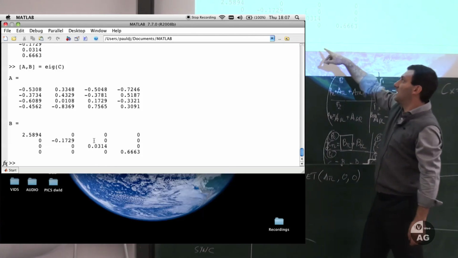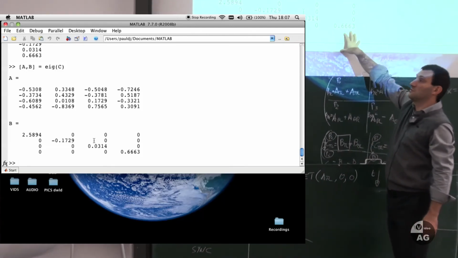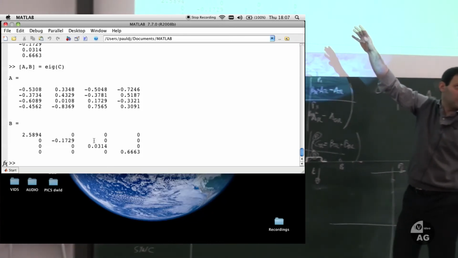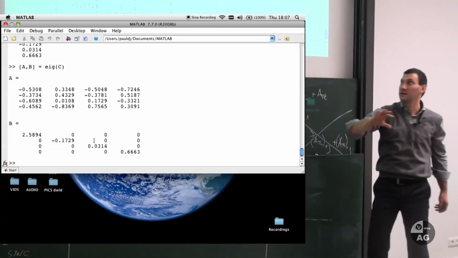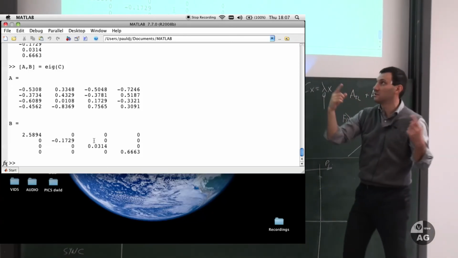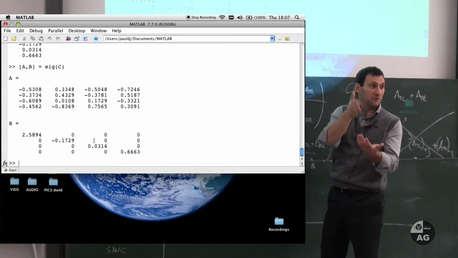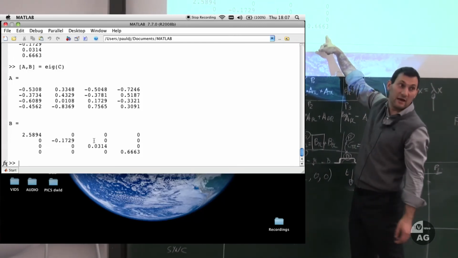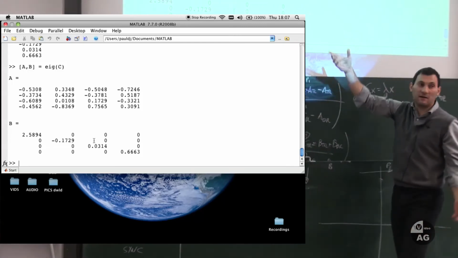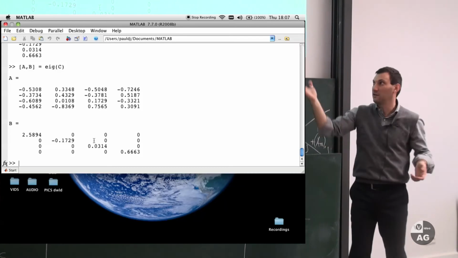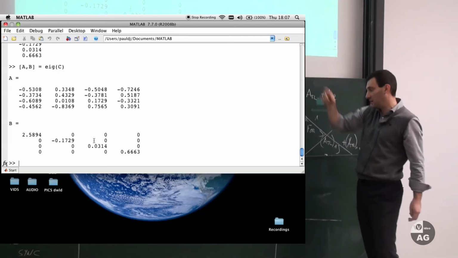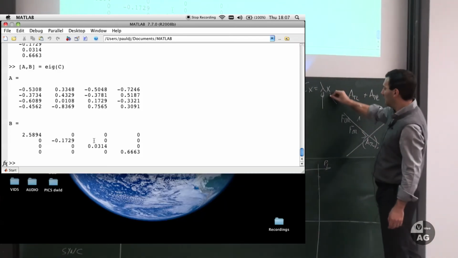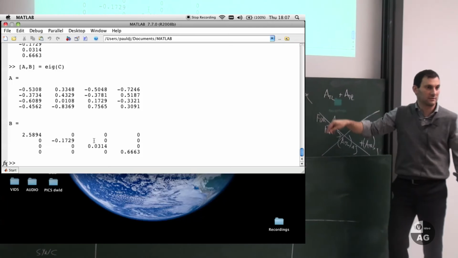The eigenvalues now are the diagonal of B, of this matrix. So first it was returning a vector, now it returns two matrices. What I had stored into a vector, now it's stored onto a diagonal. And now I have some other numbers that I didn't even have before. It's the matrix A and all the eigenvectors X.